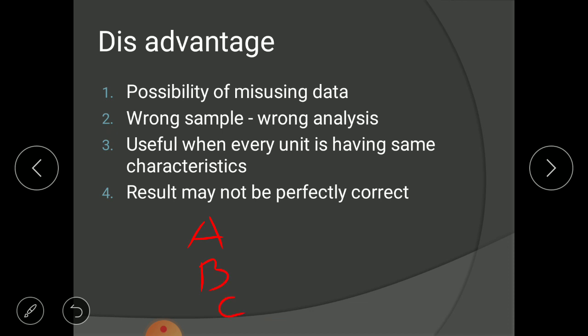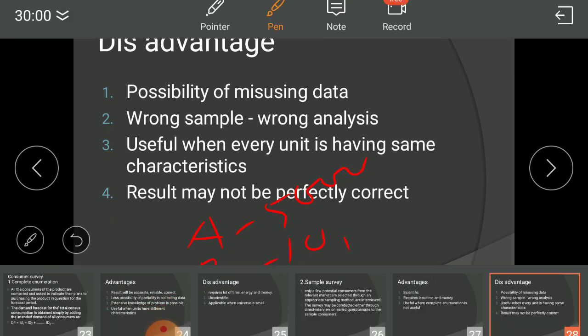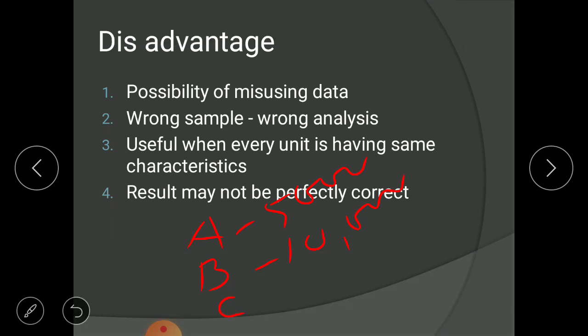Suppose we have three categories: category A's consumption is 5,000, category B's consumption is 10,000, and category C's consumption is 15,000. Now suppose you are choosing a sample, each category having 10 consumers, so we can assume that the total number of consumers is 30. Just for the sake of simplicity, we are taking total consumers as 30 and we need to choose only 10 consumers as a sample.